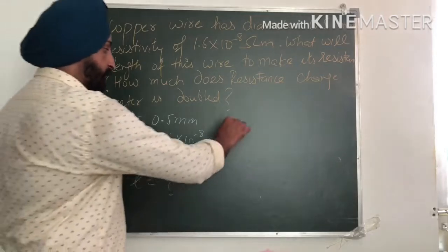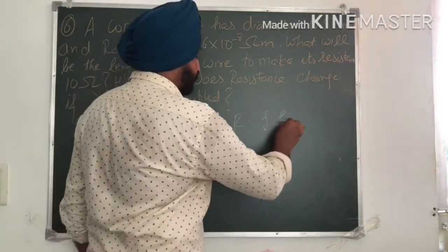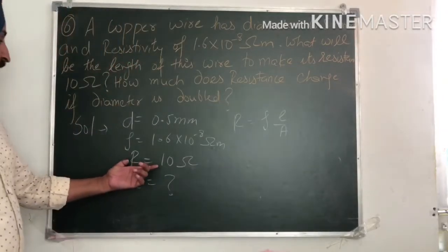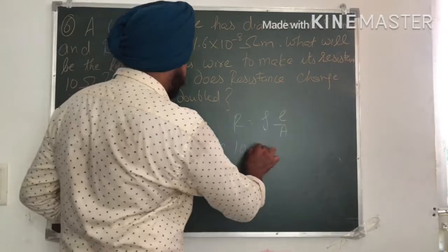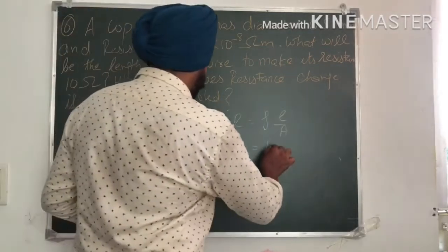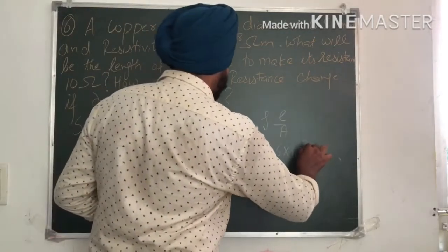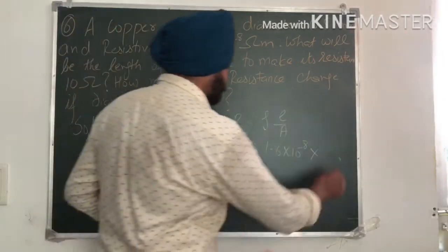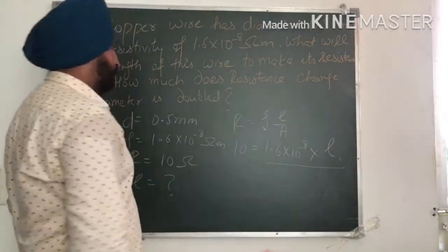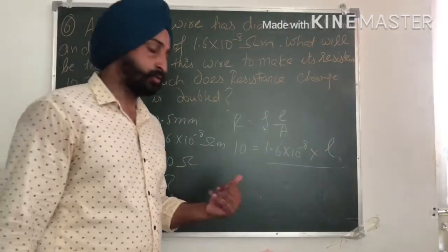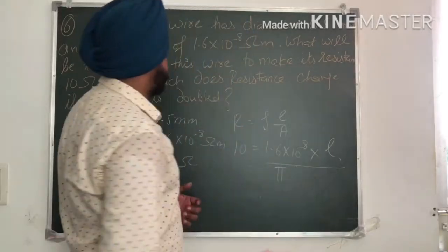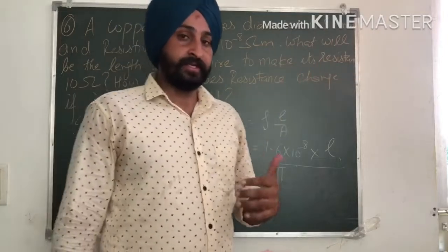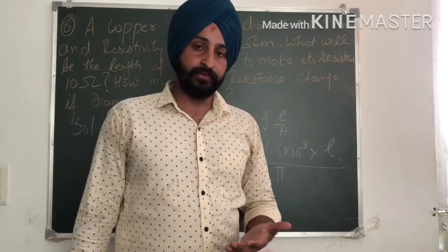Now we know the formula for resistance is equal to rho length by area. Fine. And the resistance that we need is 10 ohm. So instead of R I will be writing 10. Resistivity is of course 1.6 times 10 raised to power minus 8. Length of this wire is something that we need to calculate. And what is area? Area is of course pi r square. But instead of r we are given diameter. What is diameter? Diameter is double the value of radius.